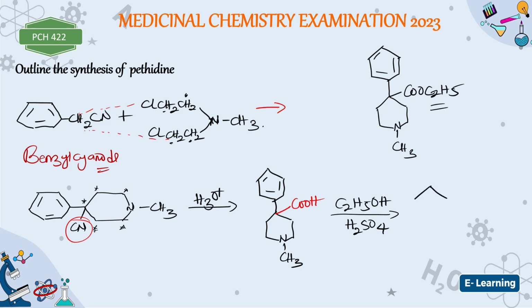And esterification between carboxylic acid and ethanol will give us something like this. Alright? So this is the expected product. Here will be COO, C2H5.